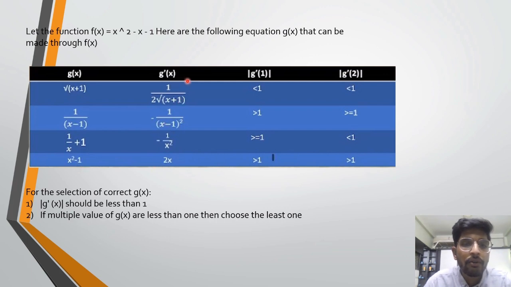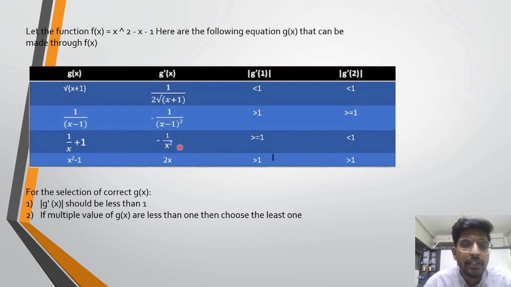Similarly, now we calculate the value of mod of g dash 1 and mod of g dash 2 and see if it's less than 1, greater than 1 or equal to 1. When we put x equal to 1 here, we get a value less than 1, and g dash 2 is also less than 1. Here, g dash 1 is greater than 1, and here it's equal to or greater than 1.